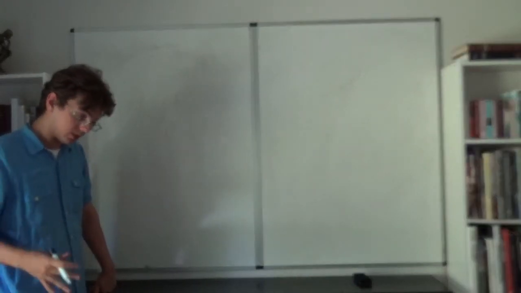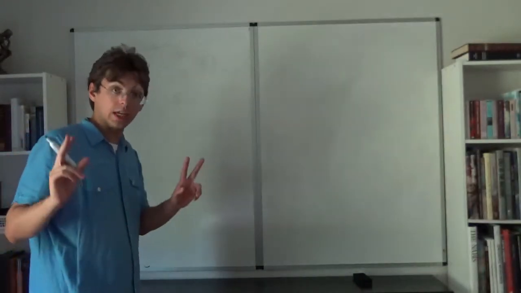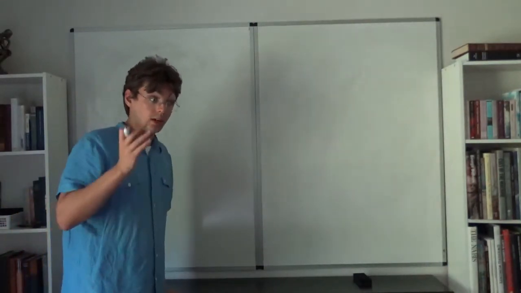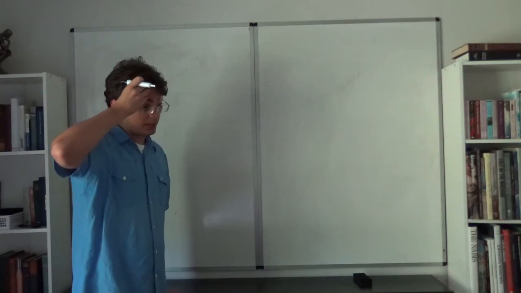So Cantor, Georg Cantor, he thought that there are different kinds of infinity. Some of them seem smaller and some larger in some sense. Okay, that sounds bizarre, a larger or smaller infinity, but let's figure out what he meant by that.